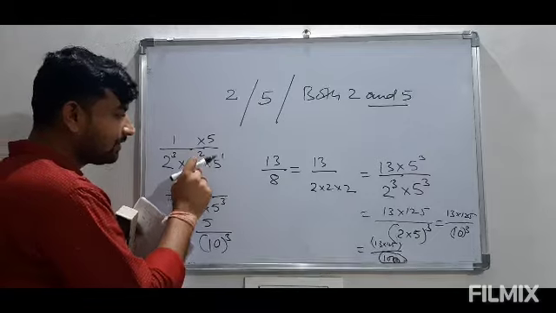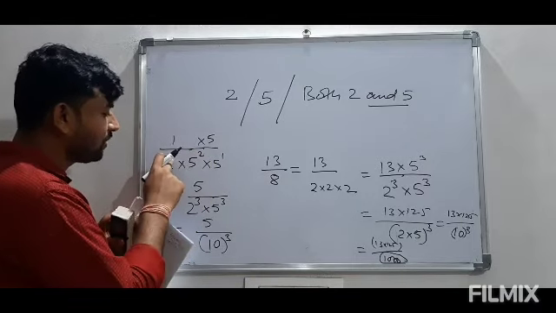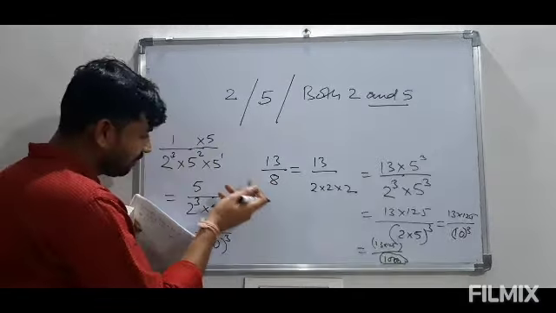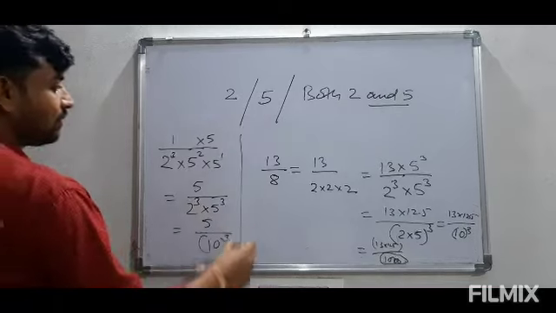So we have to make them equal. We cannot divide by 2 here, but we can multiply by 5 easily. So we multiplied it by 5 so that the power of 5 becomes 3. So 2 power 3 into 5 power 3 can be written as 10 power 3. So we can say it will terminate after 3 decimal places.